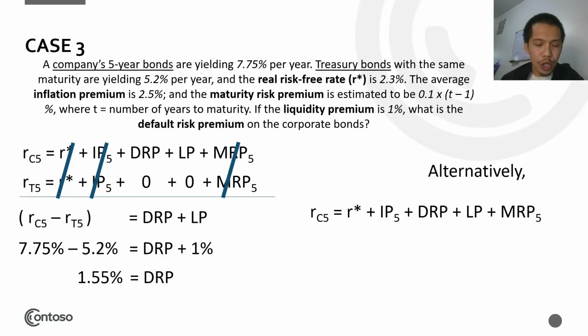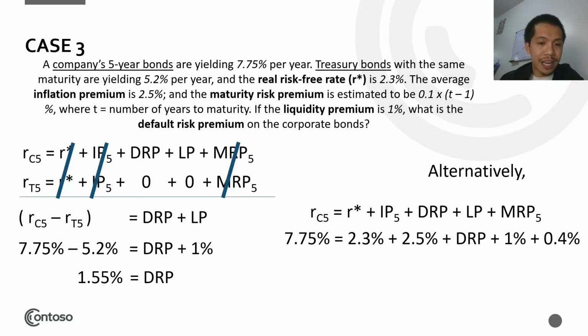Now, we know that R sub C5 is 7.75%, given R star 2.3%, given IP sub 5 2.5%, given DRP is what we're looking for, LP 1%, given MRP for 5 years, we may calculate this.